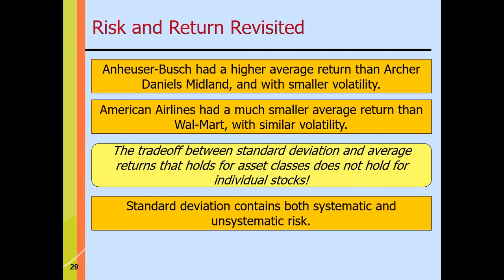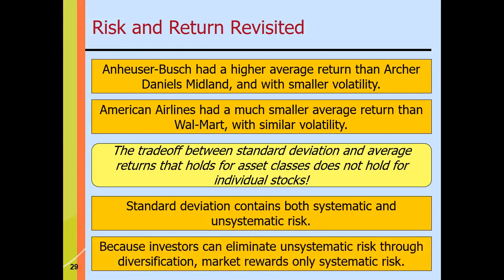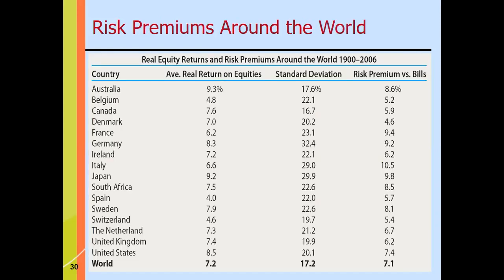But when we analyze individual stocks, for example, it does not follow anymore. This is because investors can eliminate unsystematic risk through diversification, but the market only rewards the systematic risk. So if we ride with the market, then we will be rewarded. That's the point.